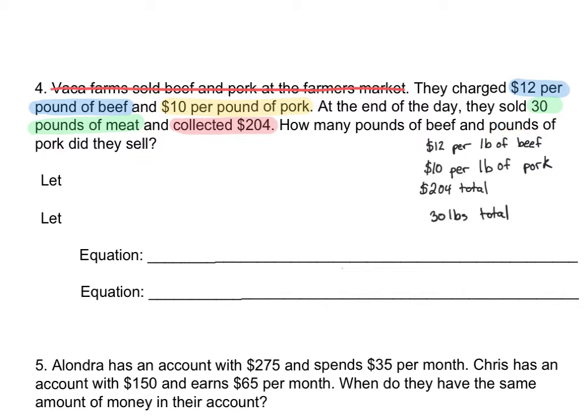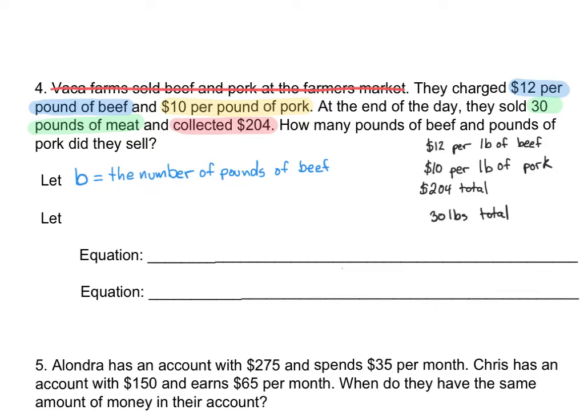All right, the question being asked is really key because what it wants to know is how you should define your variables. So the first thing this question is asking about is how many pounds of beef. We don't know how many pounds of beef, so because that's an unknown, we're going to say let B equal the number of pounds of beef.